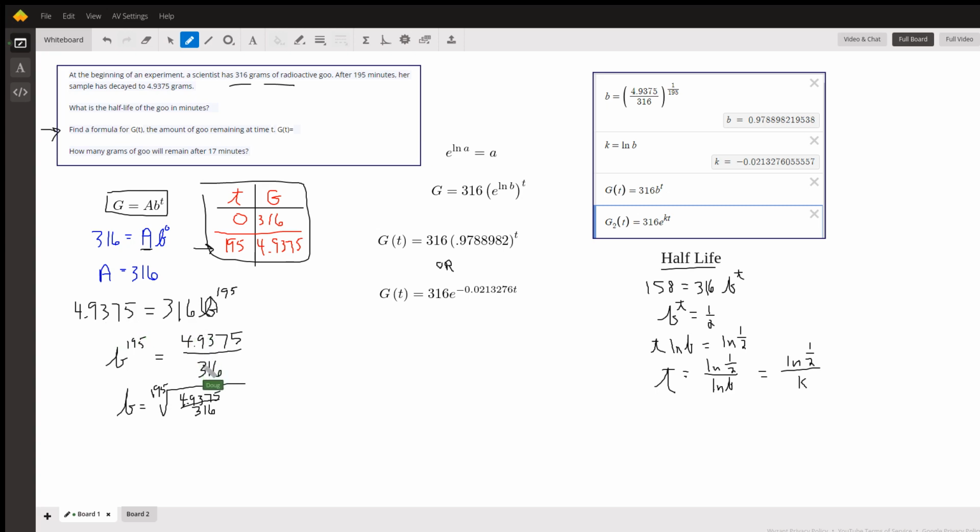Divide both sides by 316. Then take the 195th root of that number to get what the base is. And that's the same as raising this to the 1/195th power. And there's your value of b right there.